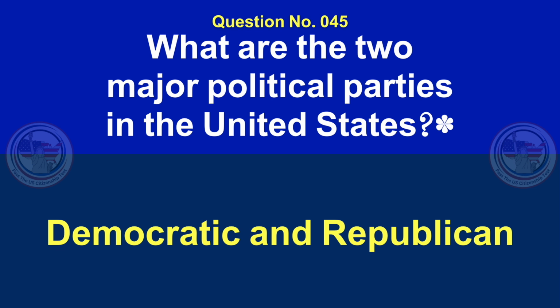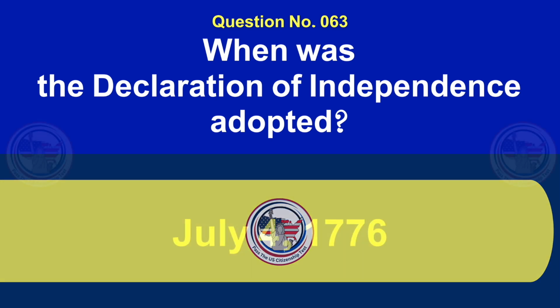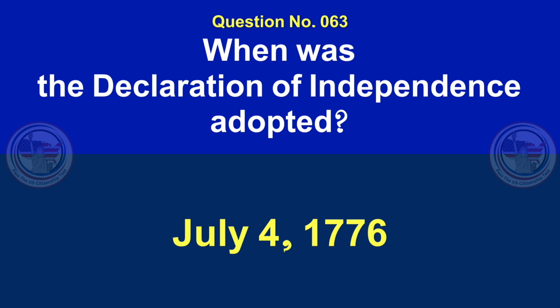Democratic and Republican. When was the Declaration of Independence adopted? July 4, 1776.